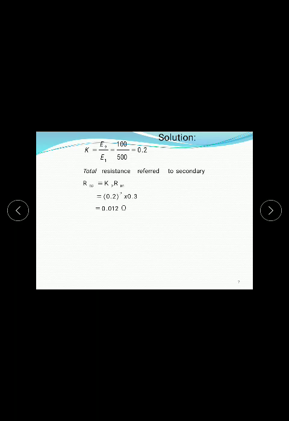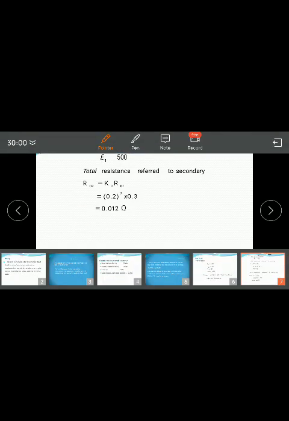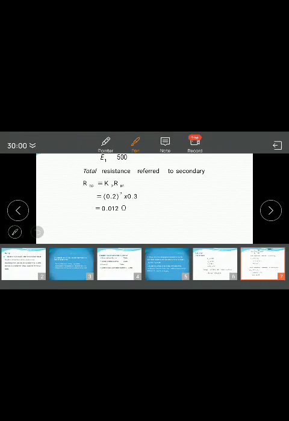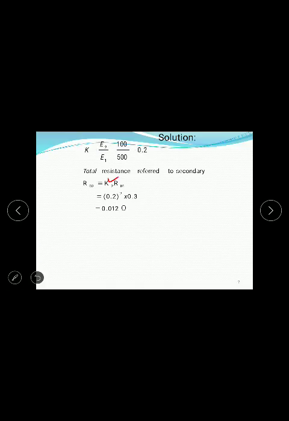The total resistance referred to secondary is R02, equal to K square into R01.